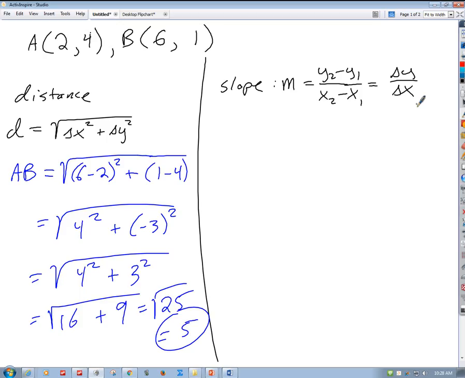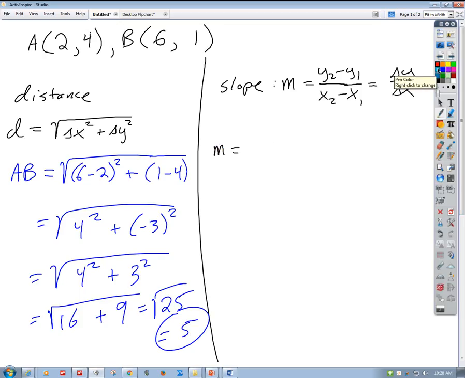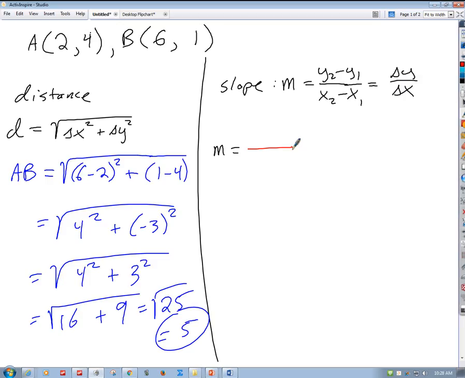So when we calculate a slope here, using our points up here, what minus what over what minus what? Okay, so we're going to get 1 minus 4 over 6 minus 2. Everybody see that? So what was implied was, we're going to call this one point 1 and that one point 2, and we always subtract the values of point 1 from the values of point 2.